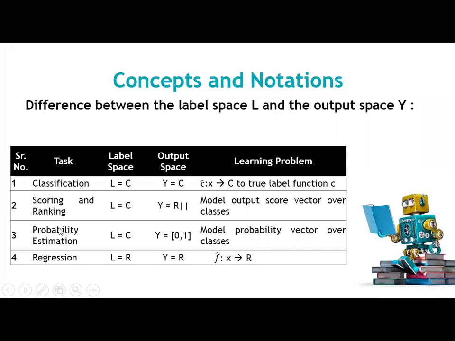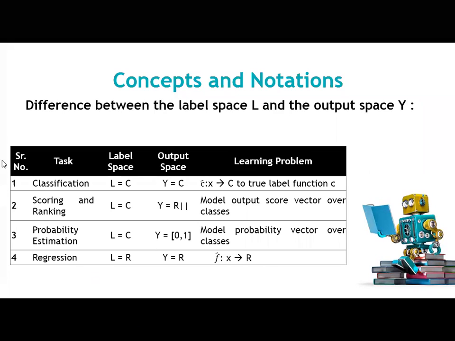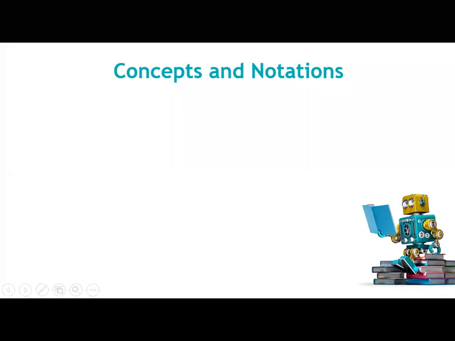So in case of scoring and ranking, the label space is the class and the output space is the ranking function. When we consider probability estimation, your label space is C and your output space is a value between 0 and 1, because probability always gives values between 0 and 1. So this is a probability vector over classes. In regression we have L equal to R, and the function that maps from X to R is known as your learning problem. So this is the difference between label space and output space.